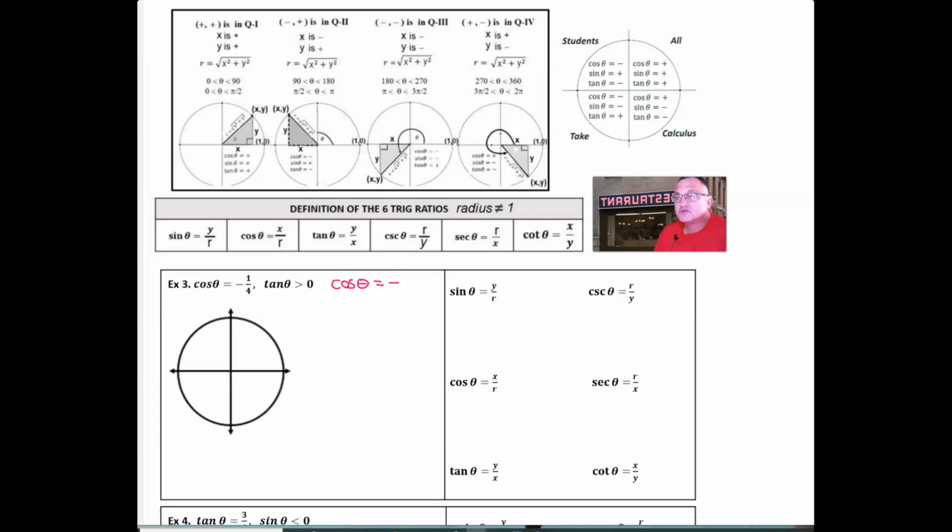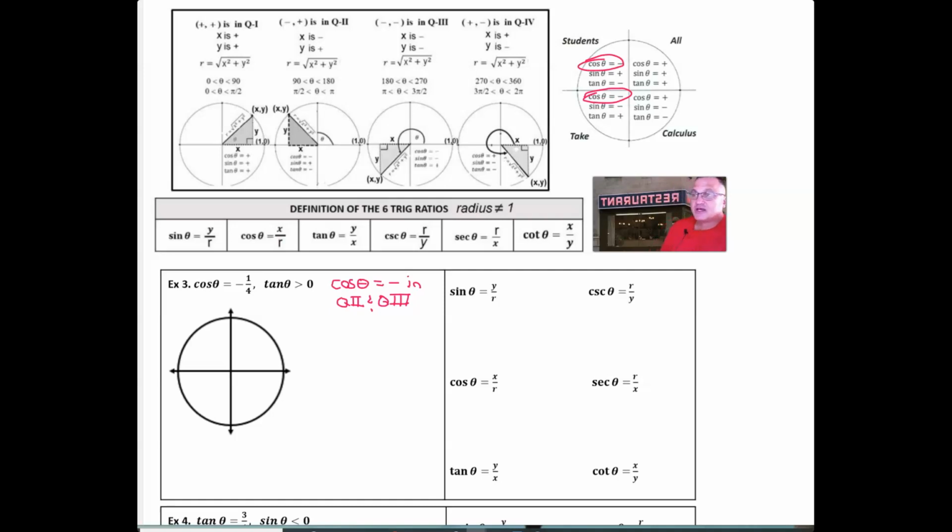So cosine is negative in quadrant 2 and quadrant 3. When we look up here, cosine's negative, cosine's negative.